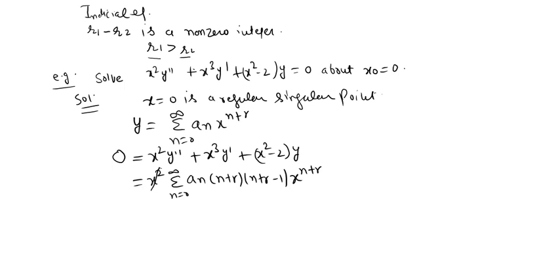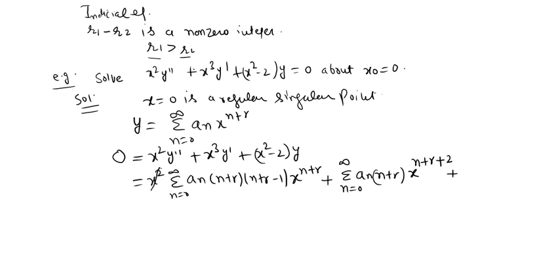Then x cubed times the first derivative gives (n plus r) a_n x^(n+r+2).